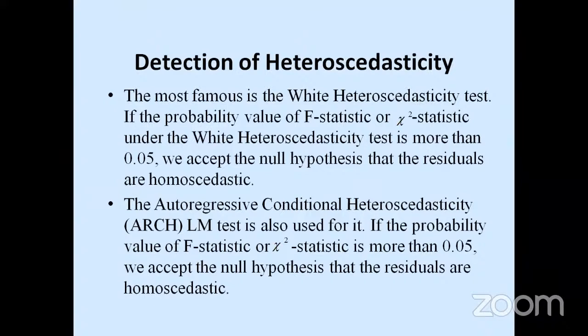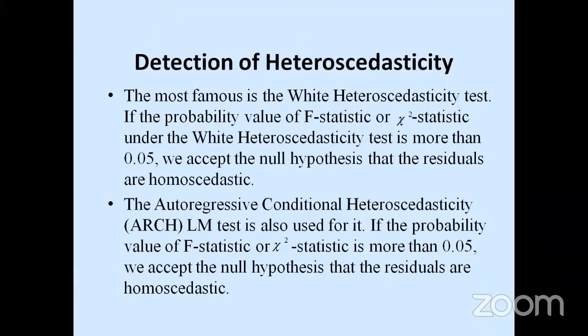If the probability value of the F statistic or chi-square under the White test is more than 0.05, we accept the null hypothesis that the residuals are homoscedastic. If it is less than 0.05, we say there is heteroscedasticity. The autoregressive conditional heteroscedasticity ARCH LM test is also used. If the probability value of the F statistic or chi-square statistic is more than 0.05, we accept the null hypothesis that residuals are homoscedastic.